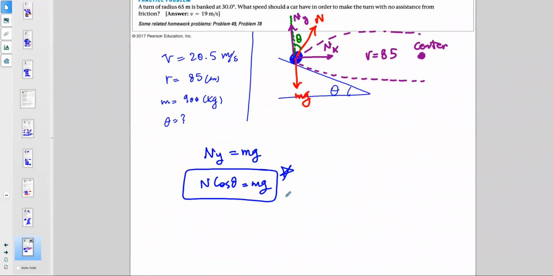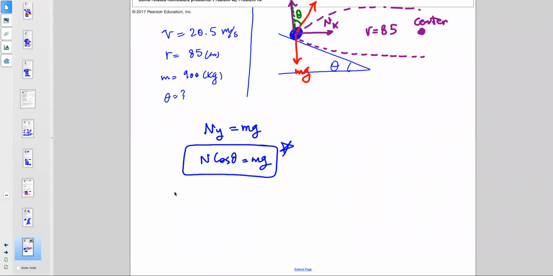So along the X direction should be the same thing. Along the X direction, sigma F equals ma. And we know that along the X direction, the only force is N sub X equals ma, where a along the x direction is centripetal acceleration.